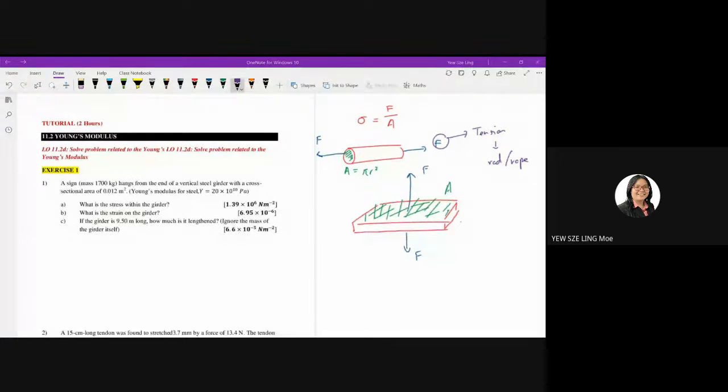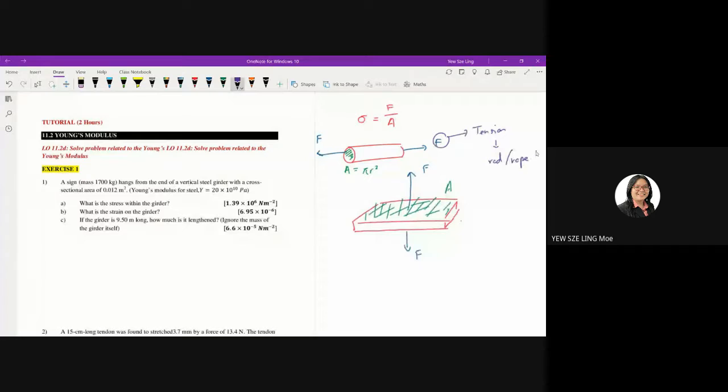Most of the time, not always, if you have a rod or a rod-like object, or sometimes we say a wire, and you stretch it, then the force that we're going to look at usually is tension. We're going to look at the tension acting on the object. So this is stress. Stress is force over area, and the force that we're going to use most of the time is tension, but not always. And the area is the cross-sectional area. So that is the first thing.